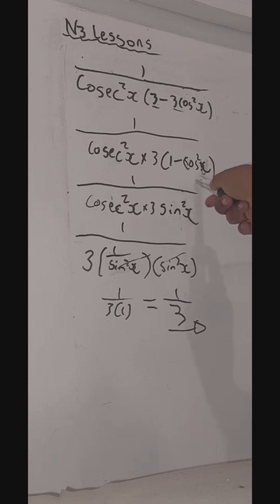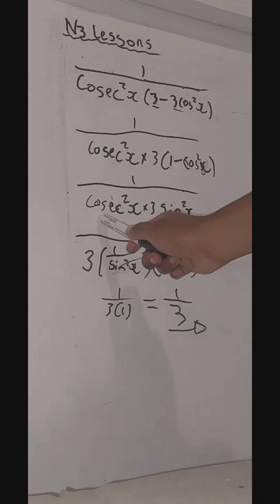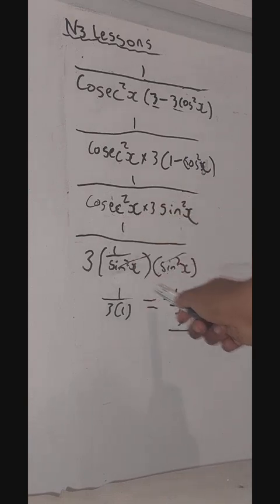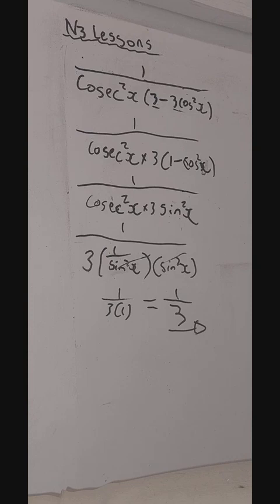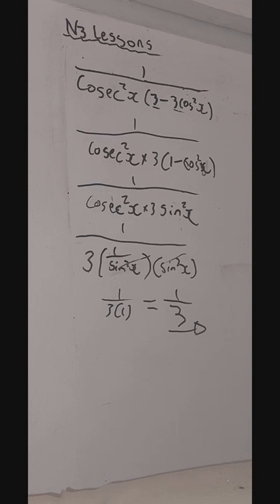Then we cancel, we get our answer. Know the highest common factor, then check which ones can be changed or cannot be changed, and thereon you just move on.